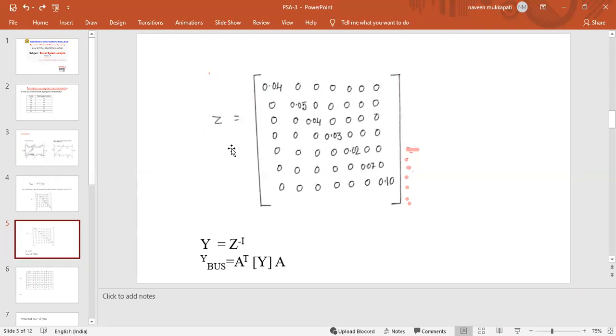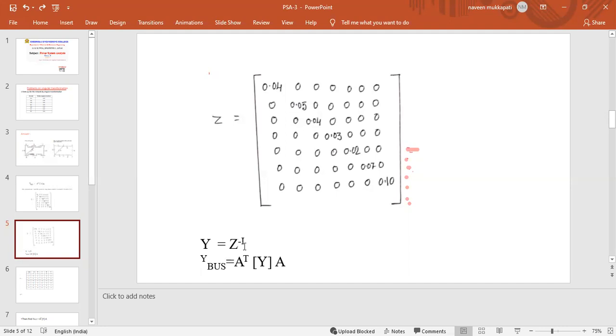After that, we determine the Y matrix. Y means the primitive admittance matrix. How will we determine the Y matrix? Y is equal to Z inverse.